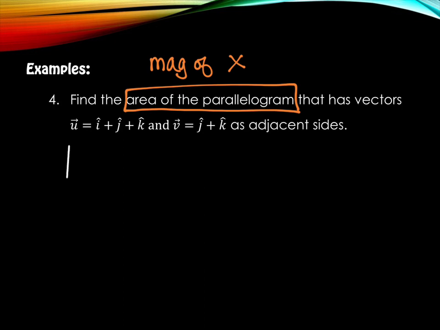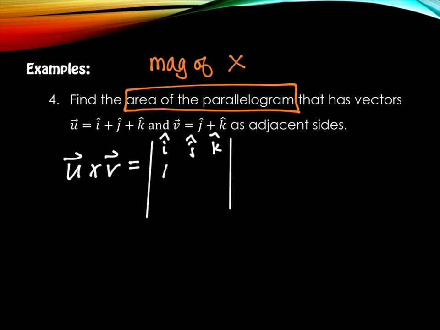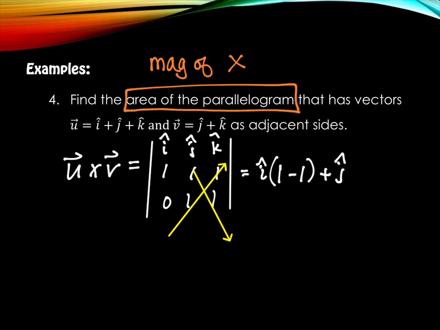So we want U cross V, and that's going to be the determinant with i, j, k, then 1, 1, 1 for u, and 0, 1, 1 for v. And then we will write it out over here. So this is i. Multiplying down my diagonals, and then back up, I have 1 minus 1, plus j.